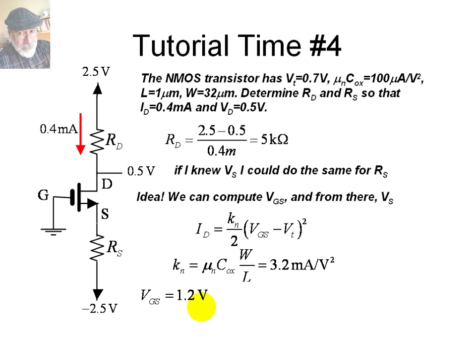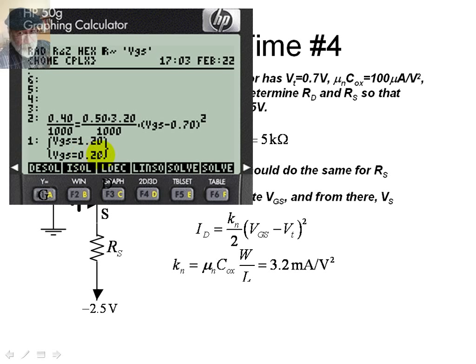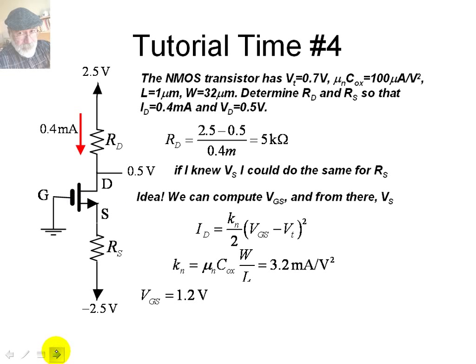If VGS was 0.2 volts, it would be below Vt, and the transistor would be in cutoff, and the current ID would be 0, and we are told it is not 0. So you see why it's impossible that VGS is 0.2 volts. So the right answer had to be 1.2 volts.